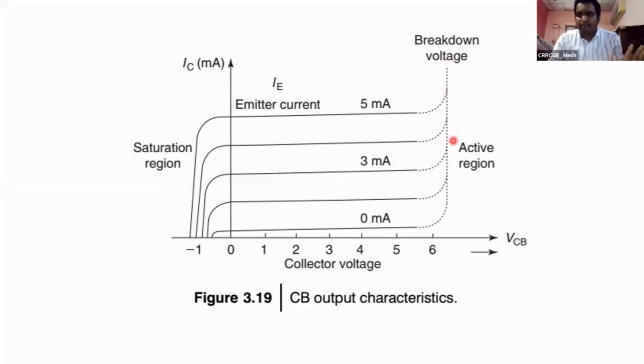This is possible only when the reverse biasing voltage is very high, then you enter this breakdown region. But in operation we do not cross the active region into breakdown. Only if voltage is high does this region come, that's why it is in dotted lines. This is the output characteristics of the transistor in common base configuration.